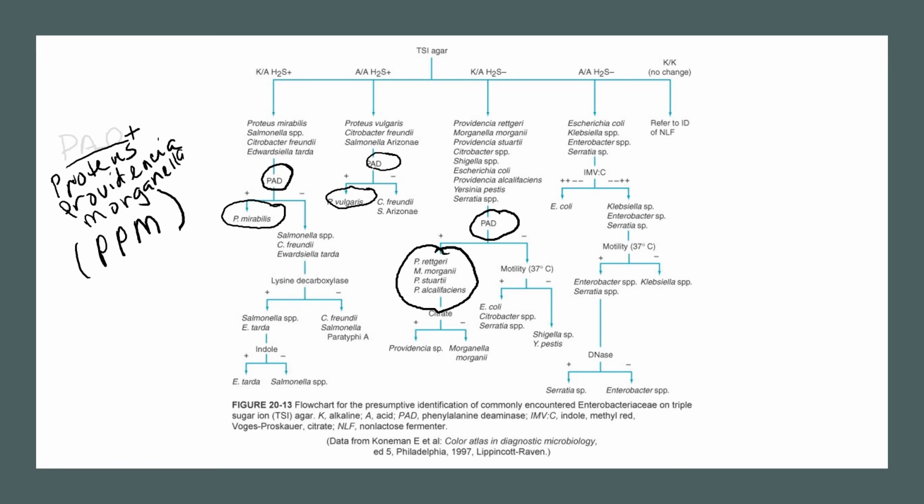PAD positive will give you Proteus species, Providencia species, and Morganella morganii. So you can remember PAD positive, PPM. Just need to remember what those PPM are. So PAD positive, Proteus, Providencia, Morganella. And just focus on differentiating those 3 groups and forget all the other Enterobacteriaceae.